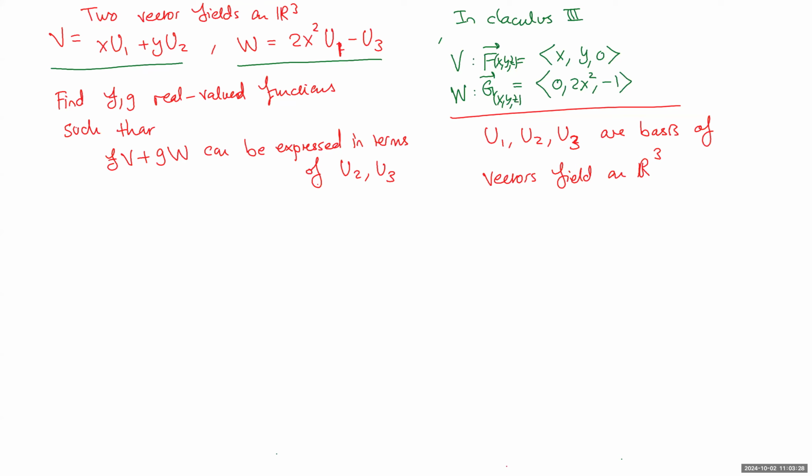So what do we want to do? We want to eliminate U1. So we want to find f, g such that we eliminate U1.